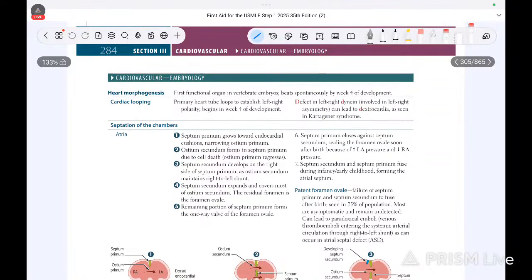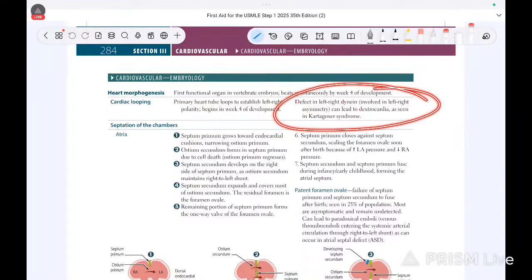There are some defects which can lead to dextrocardia. For example, one is Kartagener syndrome, where there is a defect in left-right dynein, which is involved in the left-right asymmetry.